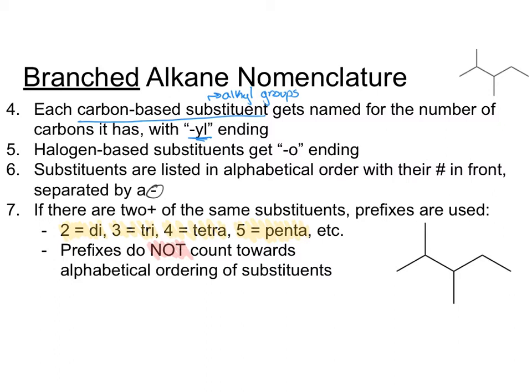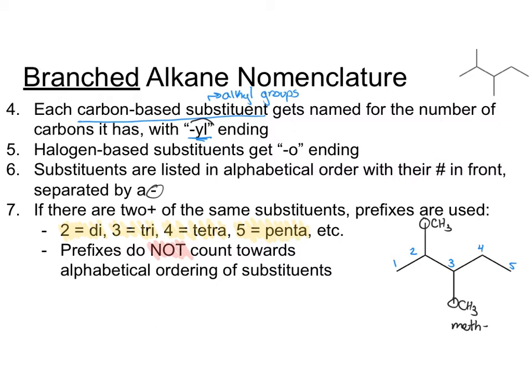So we decided previously that this blue numbering system starting on the left gave our substituents the lowest possible combination of numbers. Then I have to look at, well, what are these groups hanging off of my main chain? These are both CH3 groups. And if you look back at the prefixes, any carbon groups that only have one carbon hanging off them start with the prefix meth.